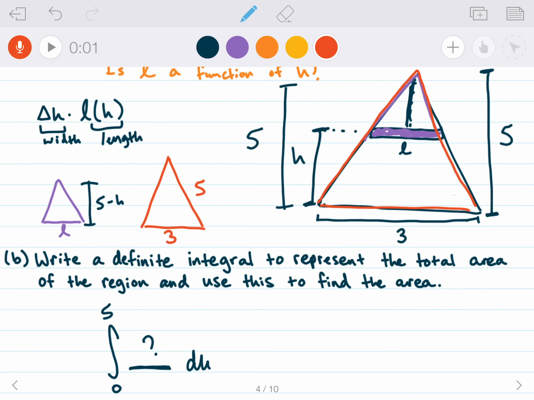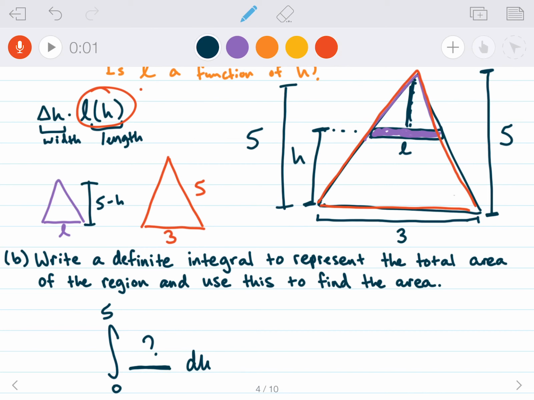And this is really helpful for us because now, since similar triangles, the sides are proportional to one another. Basically, one is just a scaled up version of the other. And so we can set up a proportion to get L in terms of h. That is what we want, you guys. We want L in terms of h.